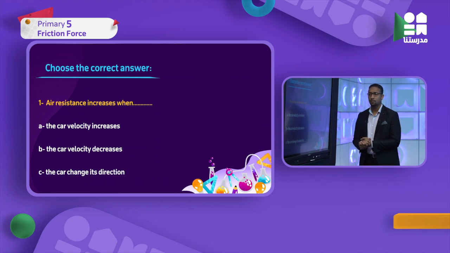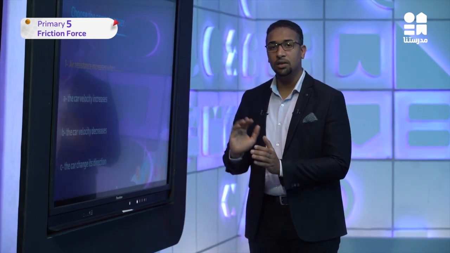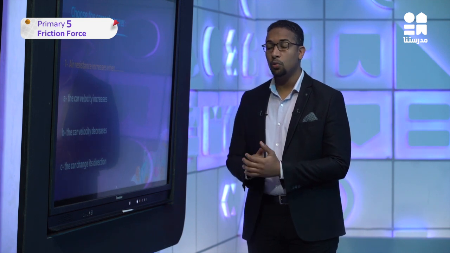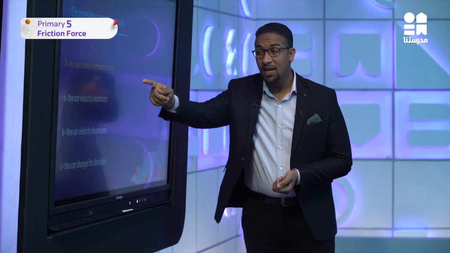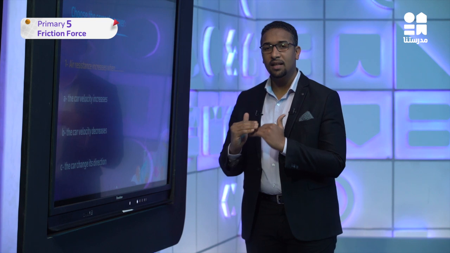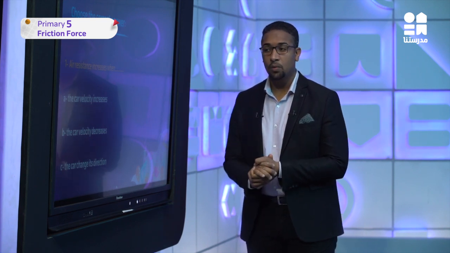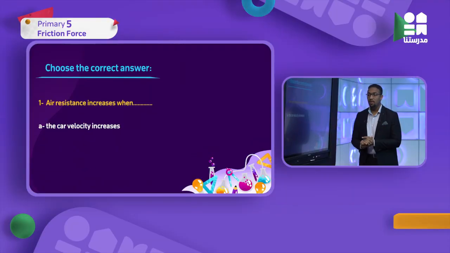The relation between the speed and air resistance is a direct relation. When we see a direct relation, when air resistance increases, it means the speed increases the same way. So when the car velocity increases, air resistance increases.